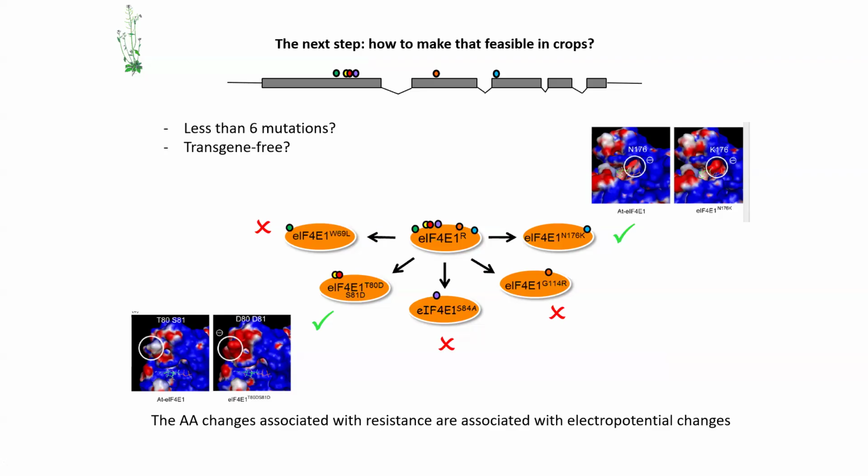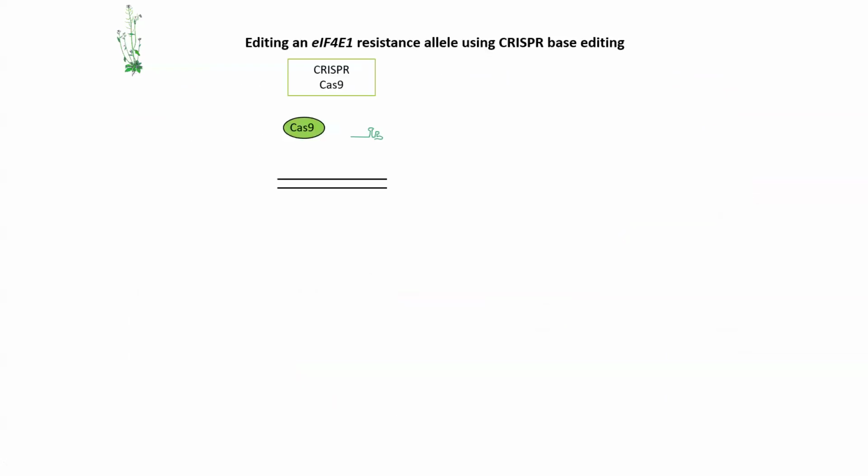And again, those are mutations that will change electrostatic potential on the surface of the protein. And this was interesting. So we thought, now, instead of doing gene knockout, we need to do gene modification and really copy mutation that happens.